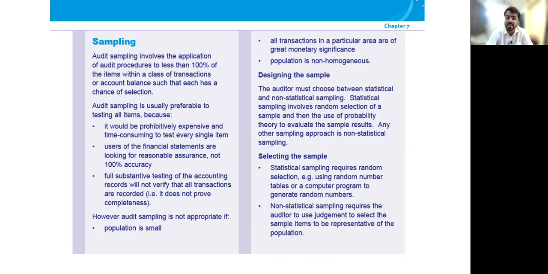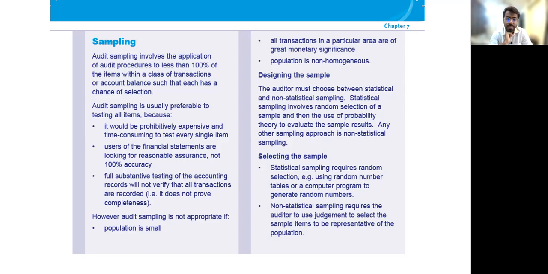Probably there were some transactions and events which have occurred, but they have not been recorded. There can still be a misstatement that you will not be able to identify. It does not prove completeness even if you check 100% of the transactions.